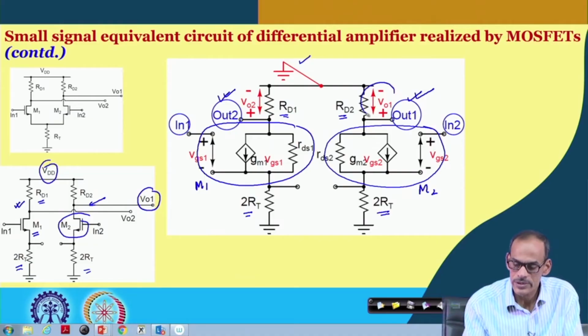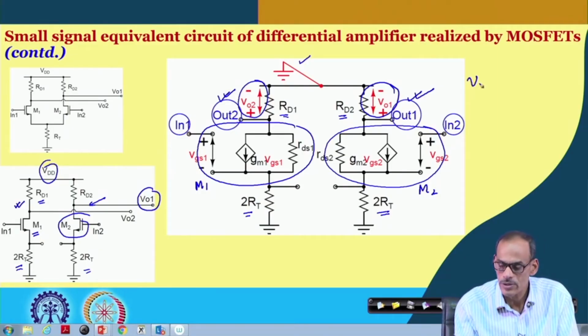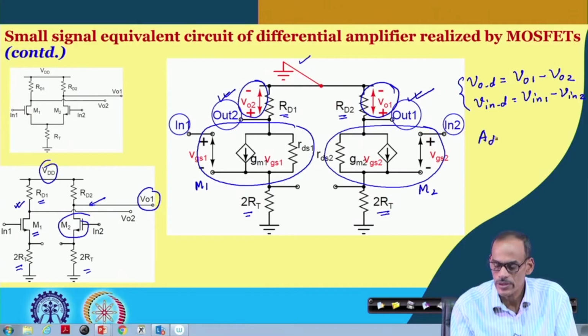Accordingly, we are declaring this as VO1 and this as VO2, and the output we consider, particularly the differential output, we are defining by considering VO1 minus VO2, and V in differential is V in 1 minus V in 2, and with this definition of output and input polarity, and this convention, AD we are getting positive.